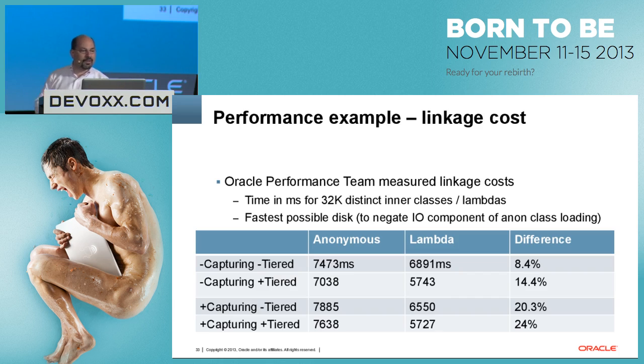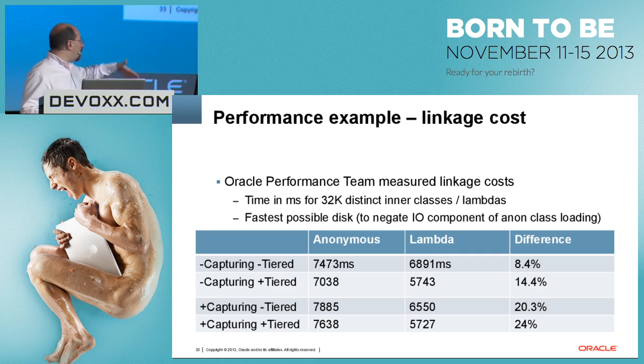First, we'll start with linkage costs. So we had our performance team measure some linkage costs. The numbers you see here are time in milliseconds for linking 32,000 distinct either inner classes or lambdas.